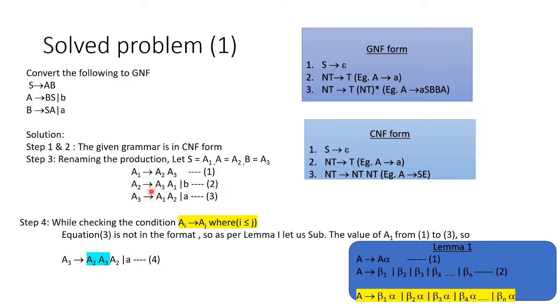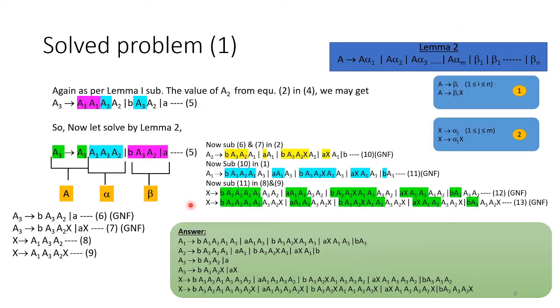So in equation 2, as my A3 has become a GNF, if I substitute that A3 over here, my A2 equation also becomes a GNF. So what I am doing? I am substituting this 6 and 7 so that my A2 also becomes a GNF. This is a mere substitution.